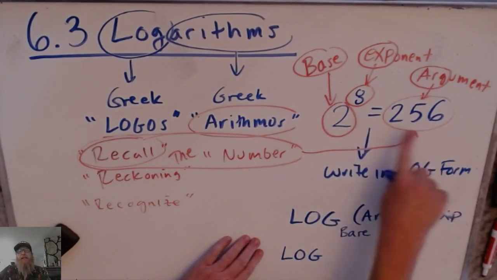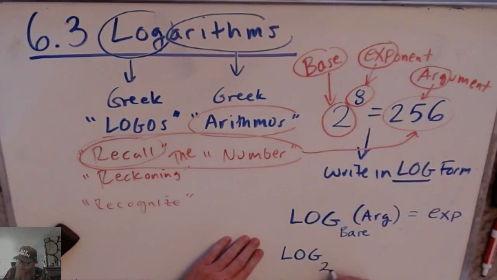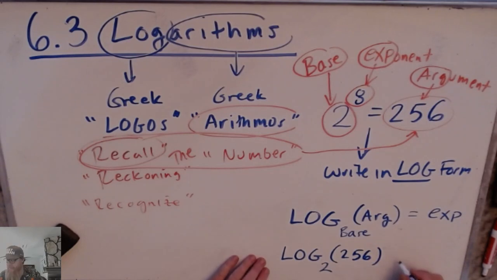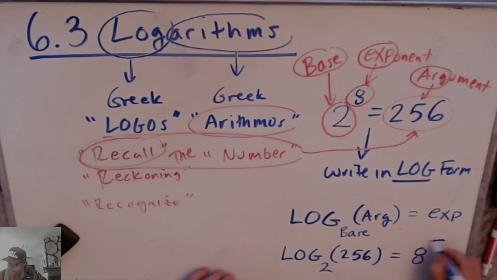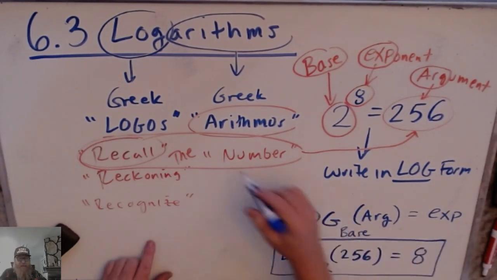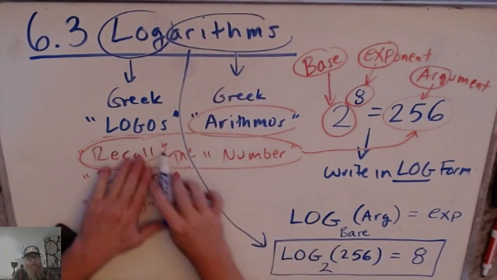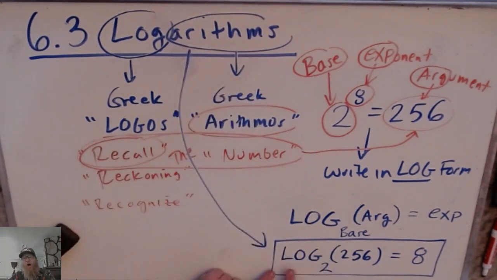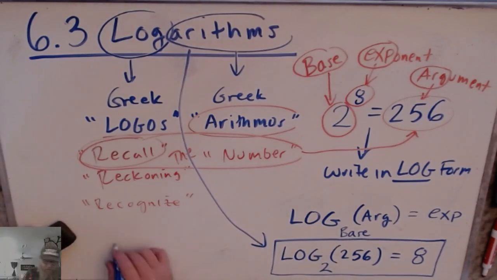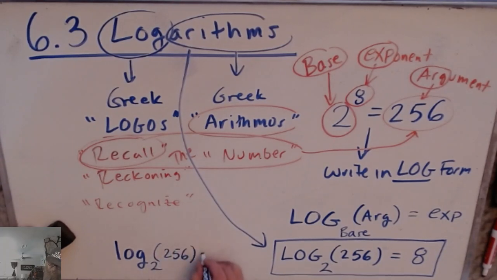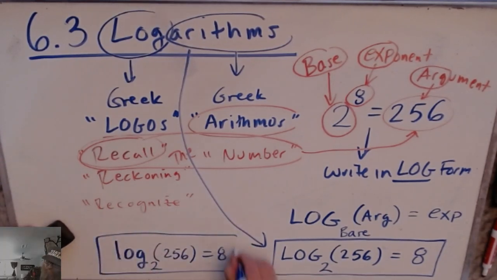So for this example here, you're going to say log base 2 argument. Make sure you use parentheses. 256 equals 8. And this would be the logos arithmos, or the logarithm, base 2 of 256. You can also use lowercase letters or capital letters. It really doesn't matter.